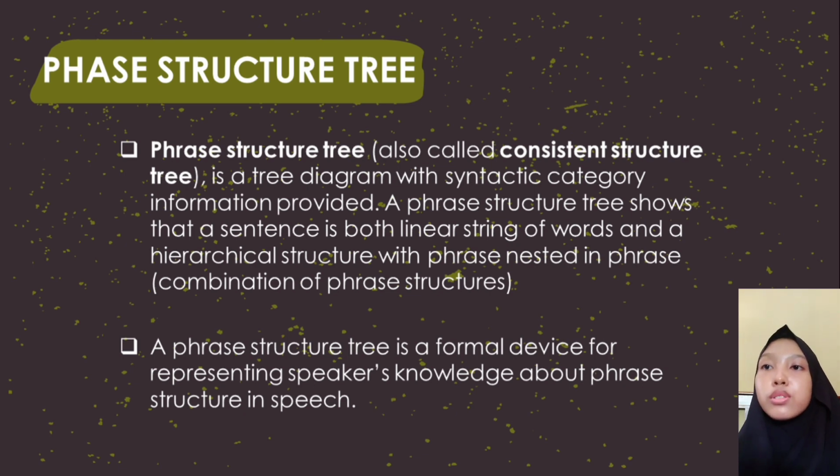A phrase structure tree shows that a sentence is both a linear string of words and a hierarchical structure with phrases nested in phrases. A phrase structure tree is a formal device for representing speakers' knowledge about phrase structure in speech.